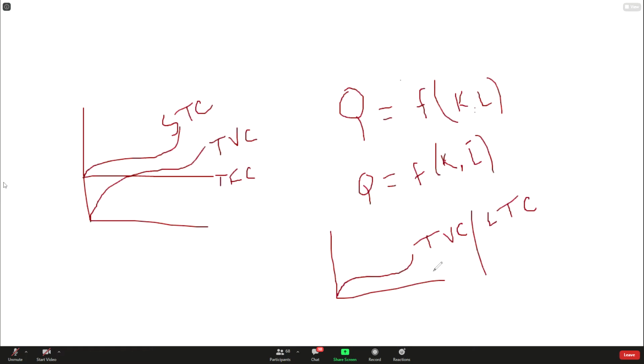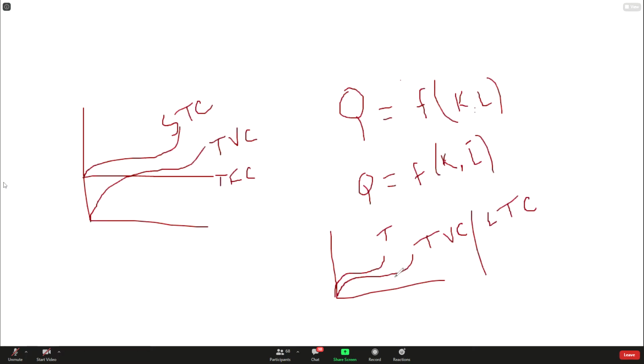Okay, so when there is fixed cost, the total cost must be different than variable cost and fixed cost. But here total cost, which one is variable cost, that one is the total cost. So I don't need to draw it separately, because look, if I draw it as a total cost, what does it mean? It means there is a difference. Why is there a difference? There is no fixed cost part, or any other cost part.